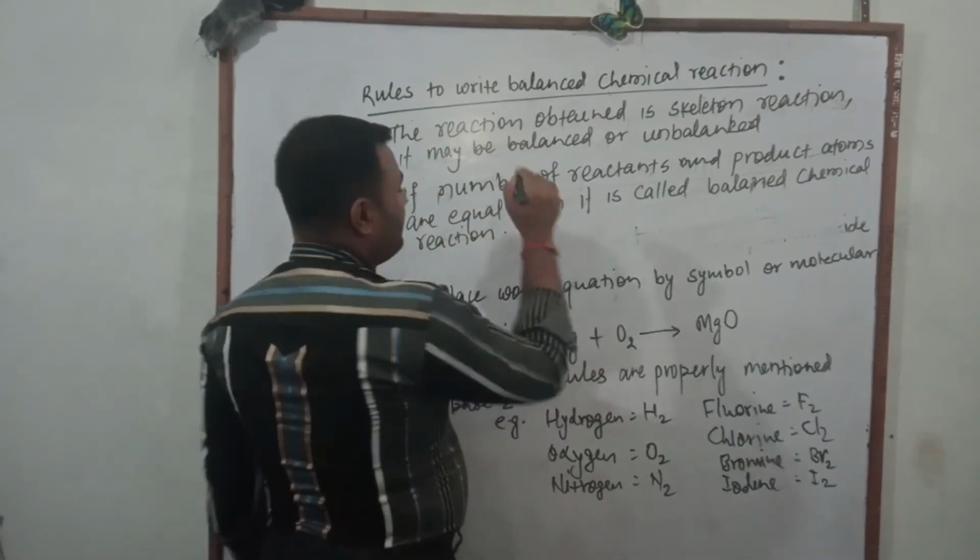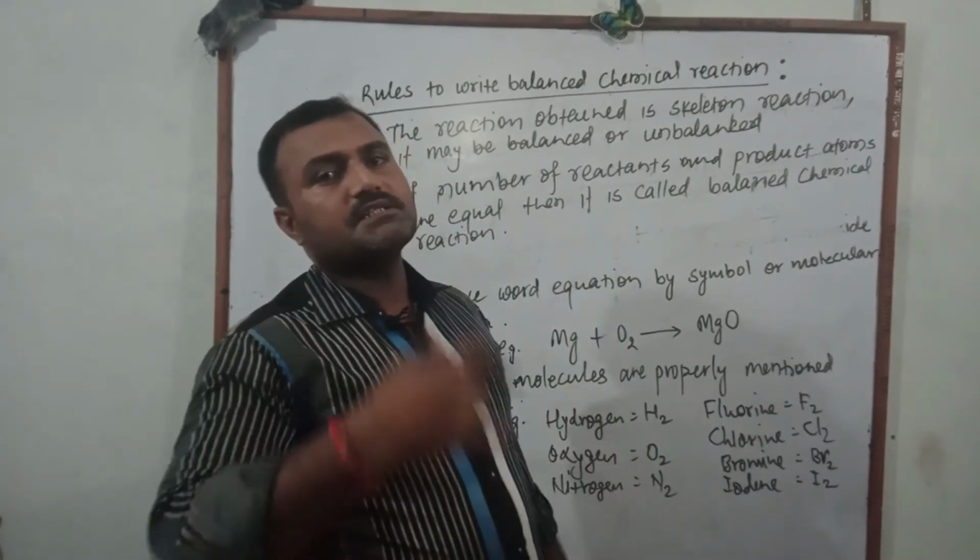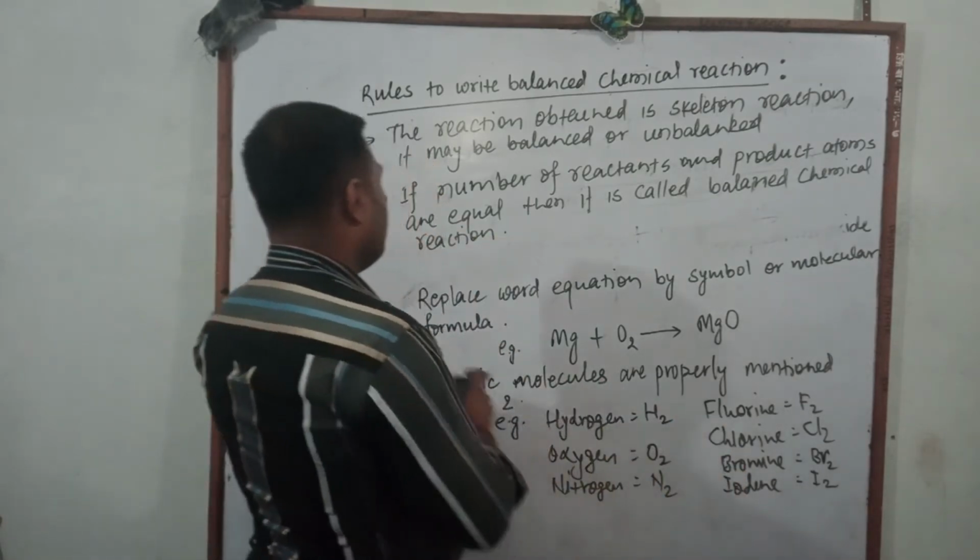If equal numbers of reactant and product atoms are found, then it is called a balanced chemical reaction.